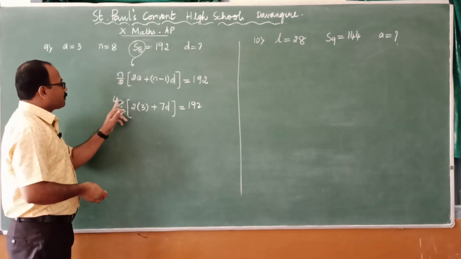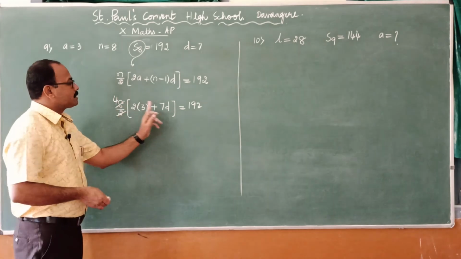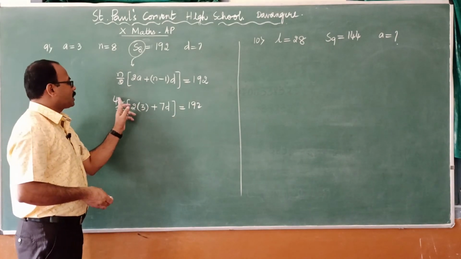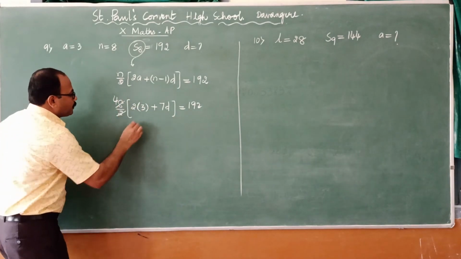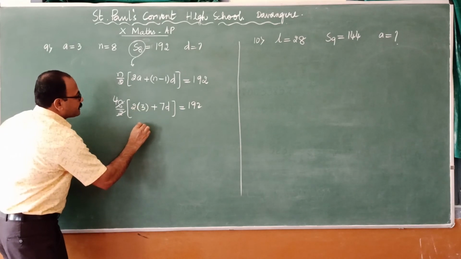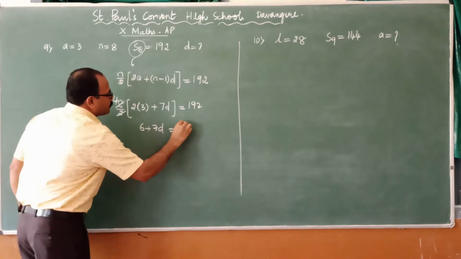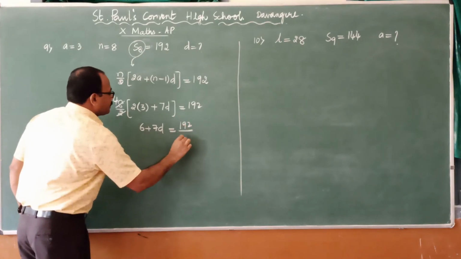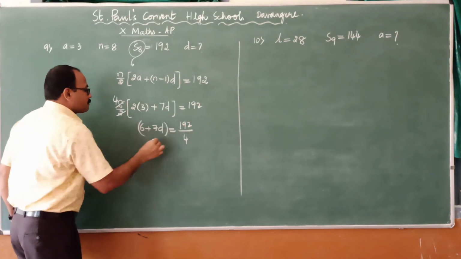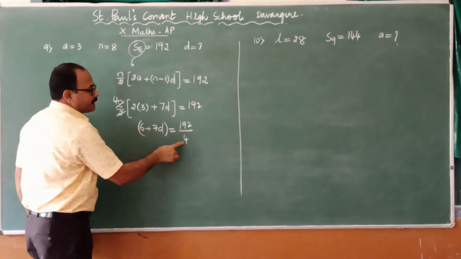Now, by cross multiplication, 4 comes down, children. Therefore, this becomes 6 plus 7d is equal to 192 by this 4.